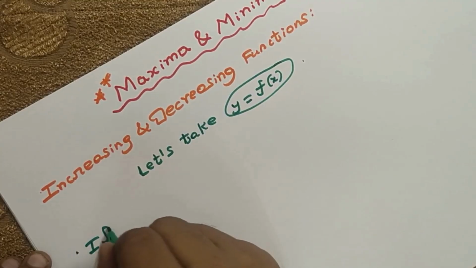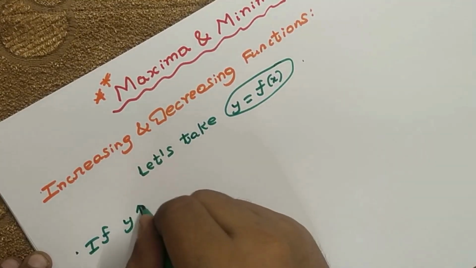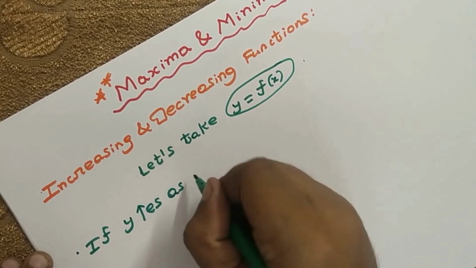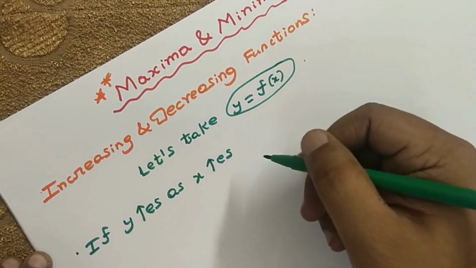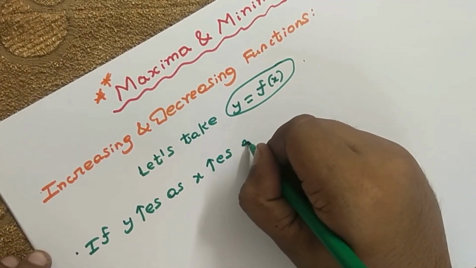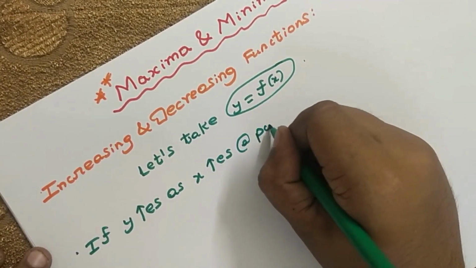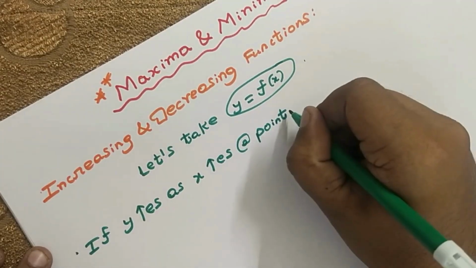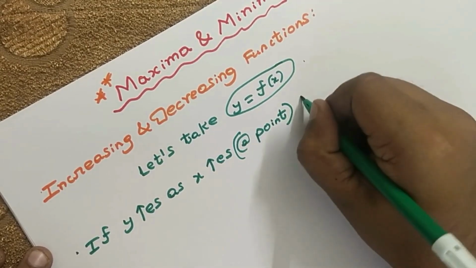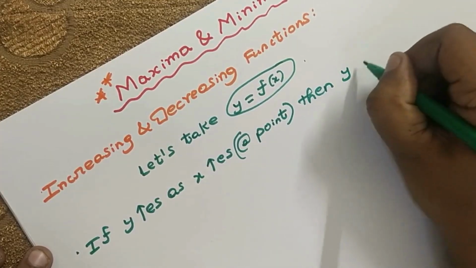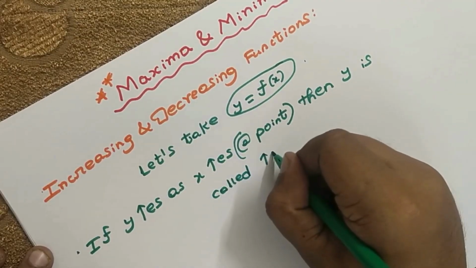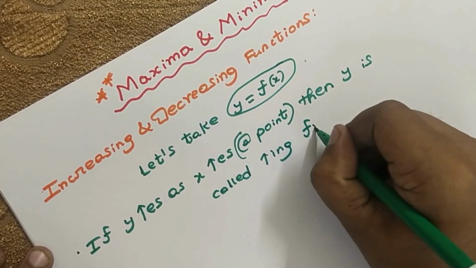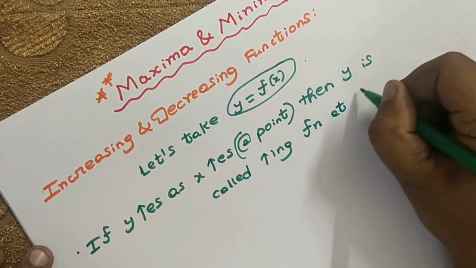If y increases as x increases, and as x increases y also increases, at a specific point, then y is called an increasing function at that point.